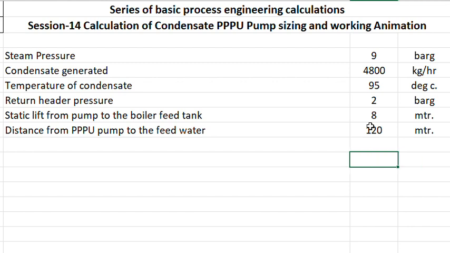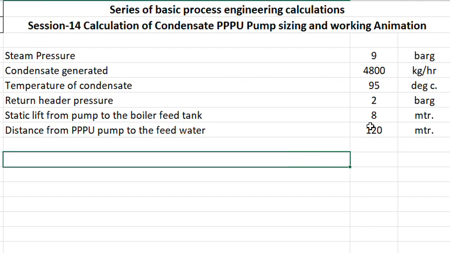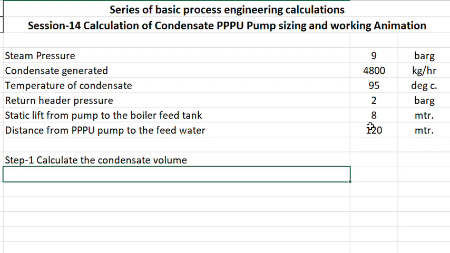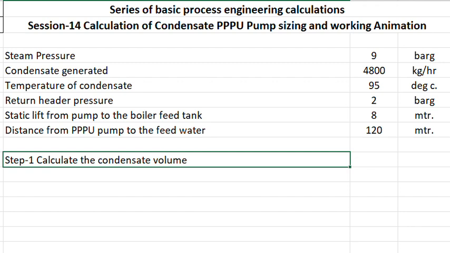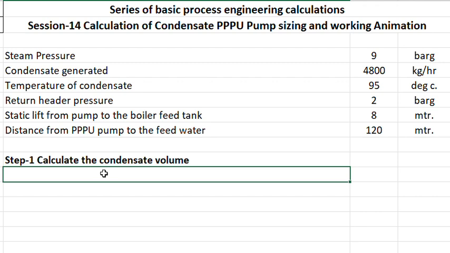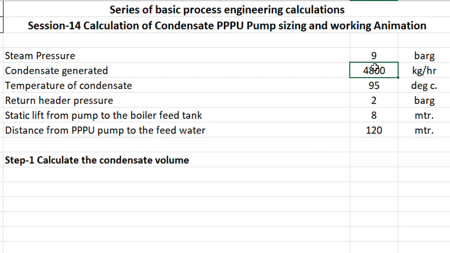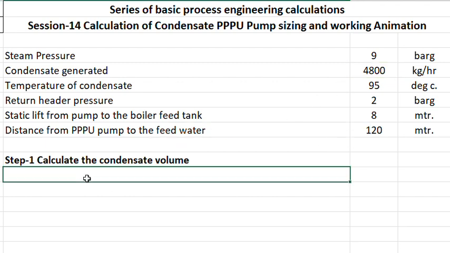Now our first step, step one, is to calculate the condensate volume, how much quantity of condensate we are going to generate and that needs to be transferred. As we have already taken, the condensate generated here is 4800 kg per hour. We have to mention the density of condensate at 95 degrees Celsius.